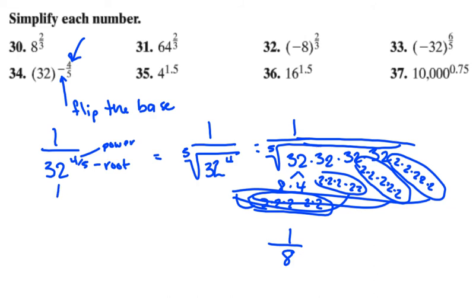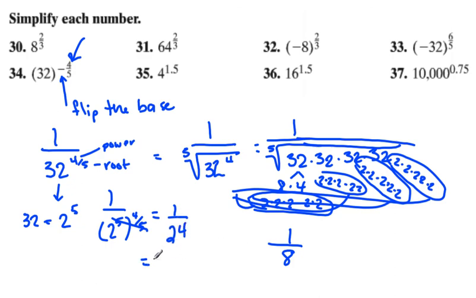The other way to do this one is to know that 32 is the same as 2 raised to the 5th power. And then that would give you 1 over 2 to the 5th raised to the 4/5, and the 5s would cancel out, and you would have 1 over 2 to the 4th, which I'm just realizing I made a mistake over here.